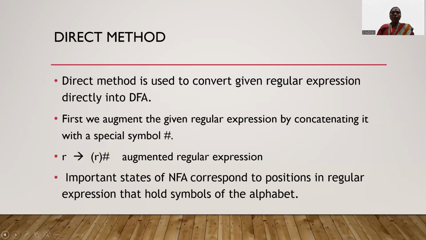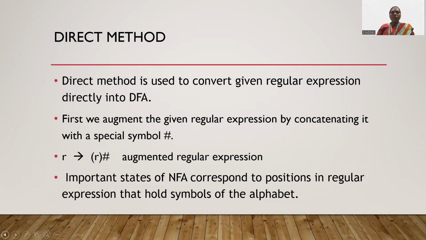In the last session, we saw the Thompson construction of converting a regular expression to an NFA, then NFA to DFA. Now let us see the direct method, which is one of the best methods, consuming less time.